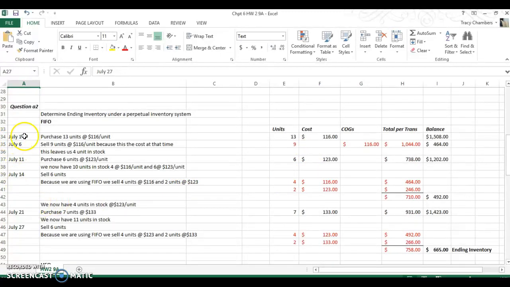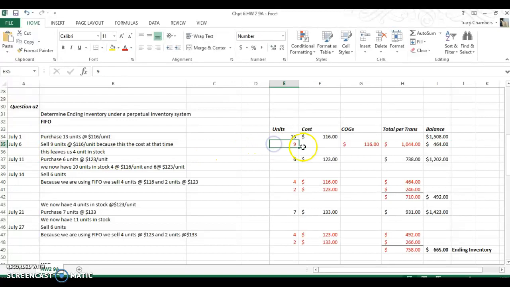On July 1st, we purchased 13 units at $116 per unit. So we have 13 units at $116 per unit, which gives us a balance of $1,508. On July 6th, we sell 9 units at $116 per unit, because this was the cost at the time that we purchased them.